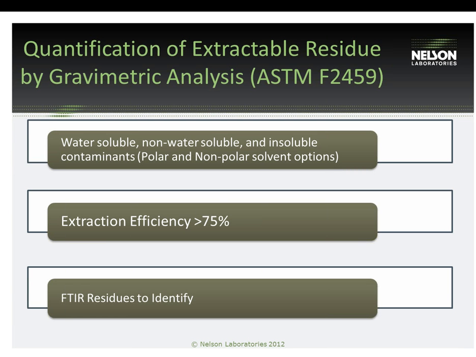And so this test has a wide range of contaminants that it can detect. And so often our clients will choose multiple solvents, maybe a polar and a non-polar solvent, so that all three types of contaminants can be captured within this test.